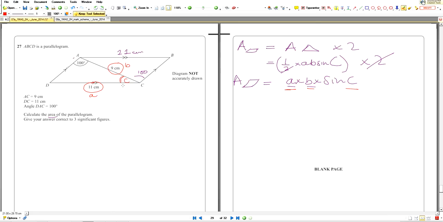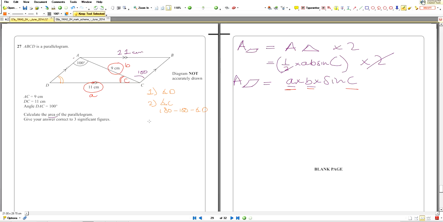Now, in order to work out angle C, it's a multi-part question. We are first going to work out angle D, because that's what we can work out using the sine rule. Number 2, once we know angle D, we can easily work out angle C, because angle C will be 180 minus 100 minus angle D, as the angles of a triangle add up to 180.